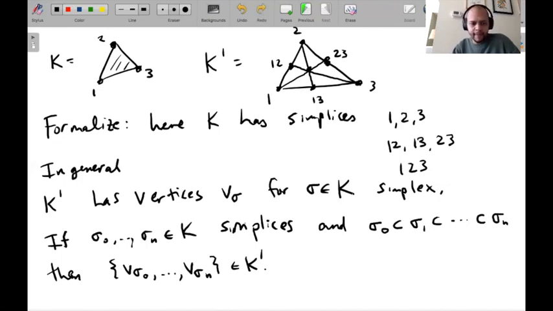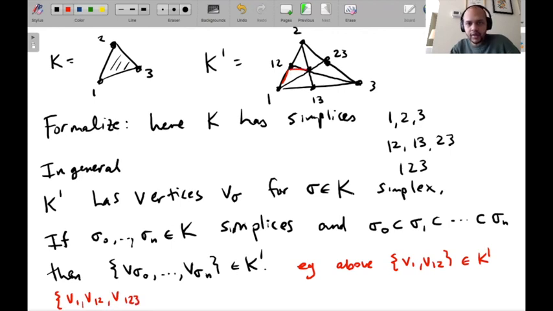So for example, in this picture, you have 1 and 1 2. So, e.g., above, there's V1, V1 2. That's an edge here. This is in K1. You also have triangles like V1, V1 2, V1 2 3. That's this triangle here.